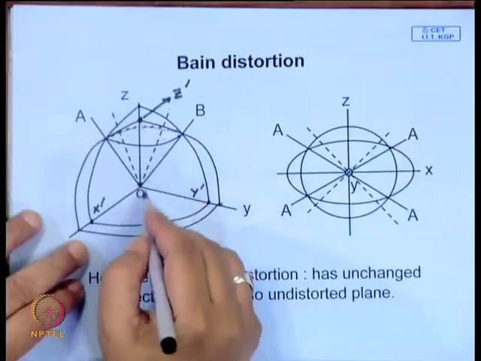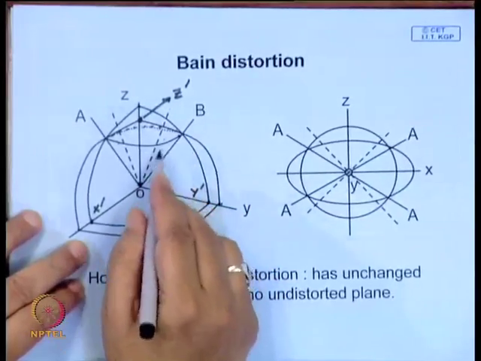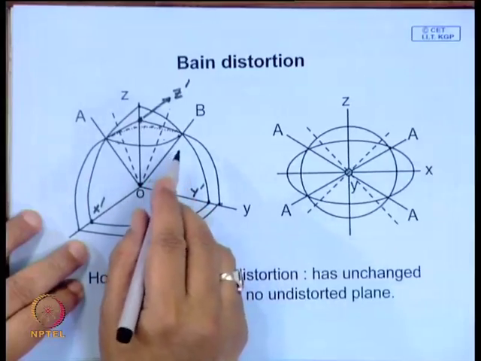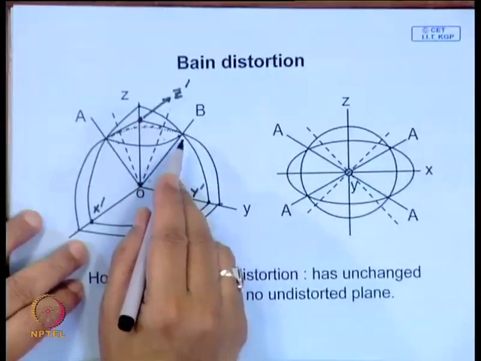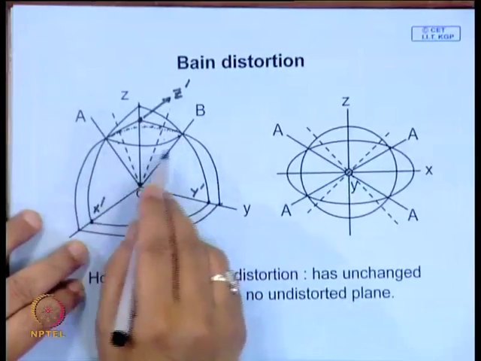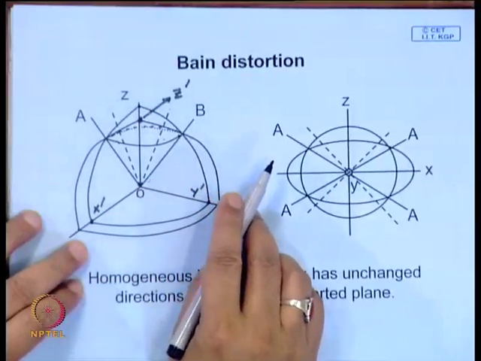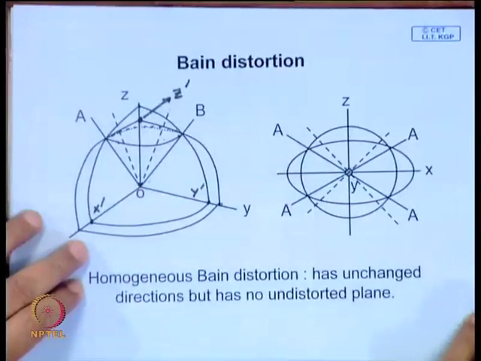But whenever a slip process or certain deformation processes take place, certain planes remain unchanged. Like in case of slip, the slip plane remains undistorted; the lattice around it gets distorted, but the slip plane remains undistorted.